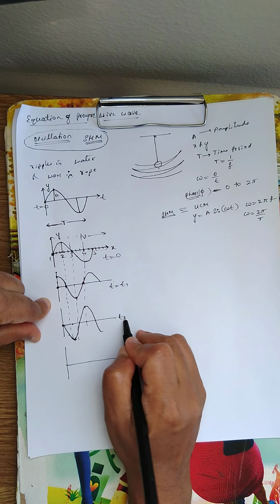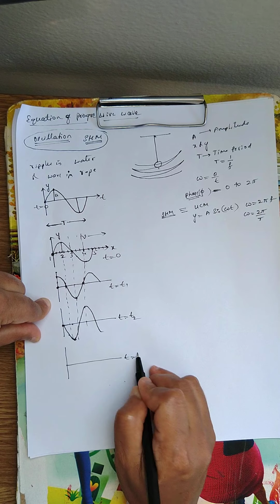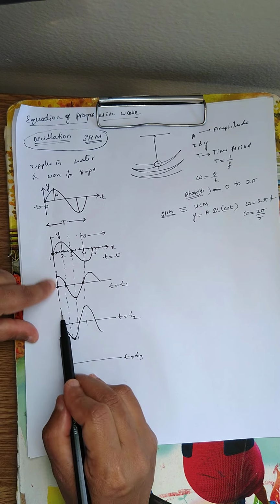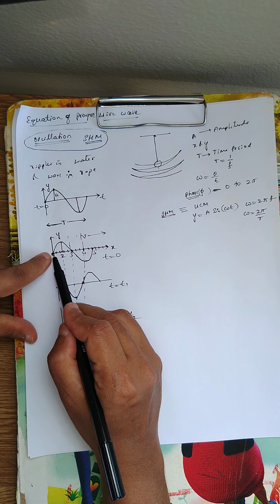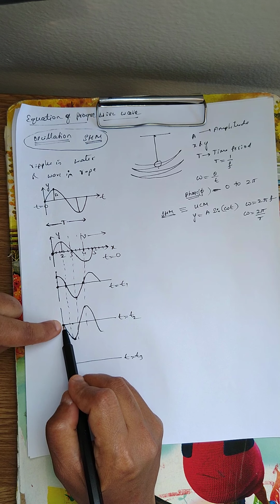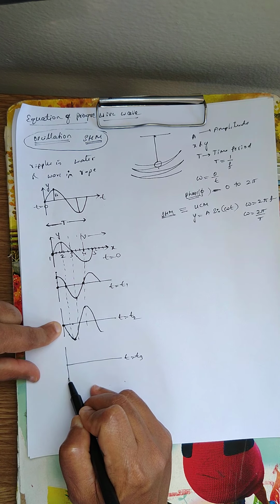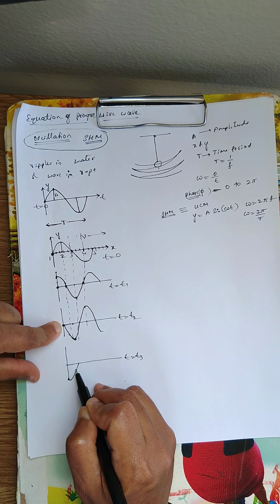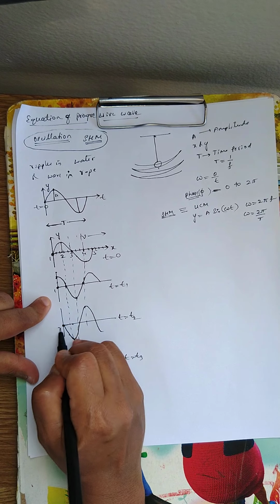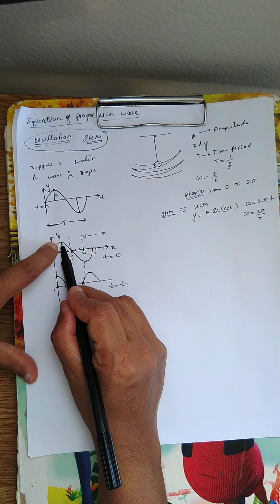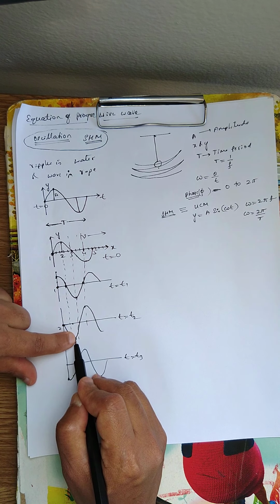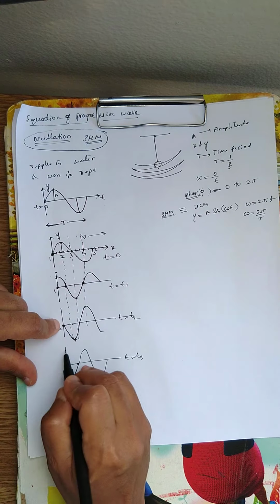So this is T1, T2, T3. Now tell me: mean position to extreme position, extreme position to mean position, then from mean position to the next extreme position. We are talking about the first particle.